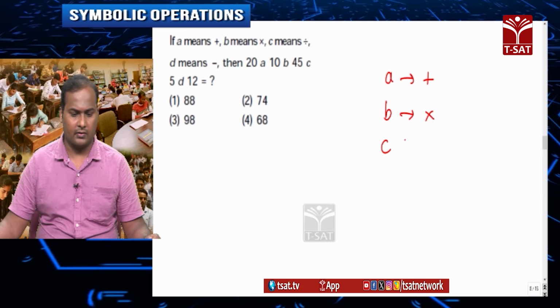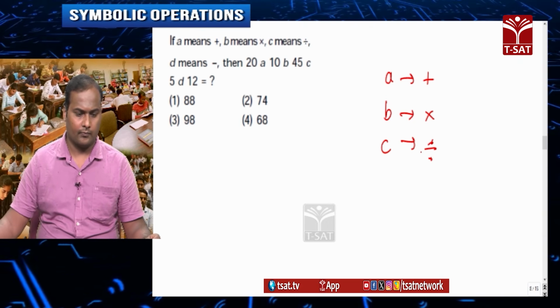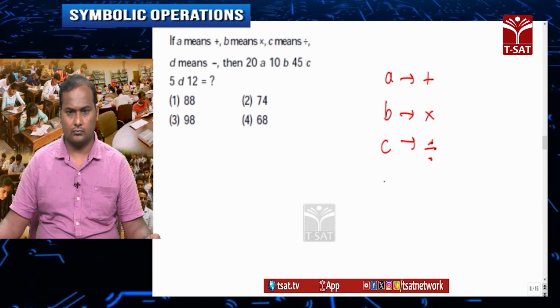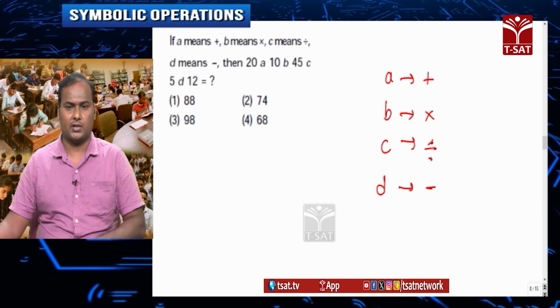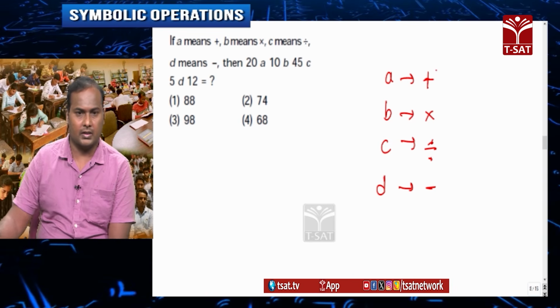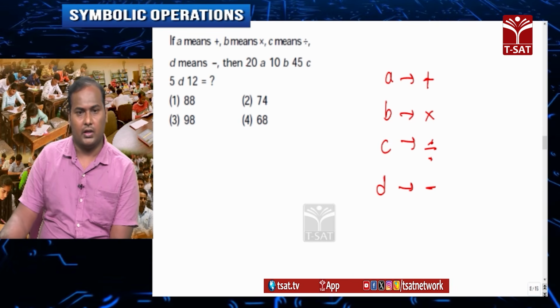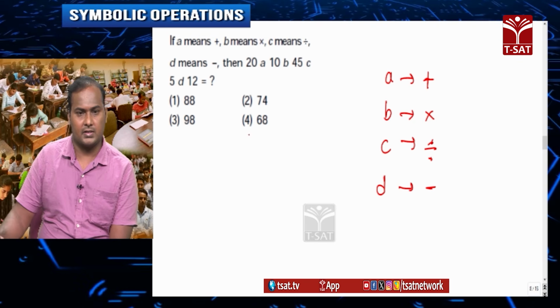C means division. D is talking about subtraction. So he gave different symbols for A, B, C, D and try to apply this. Then 20A, 10B, 5C, 5D, 12 is how much he is asking.